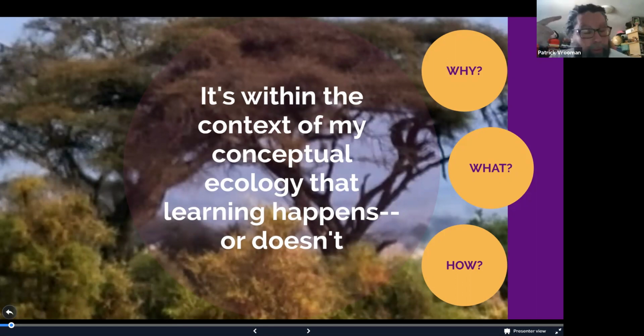We learn or don't learn because of those critters. We get new information presented to us, and because of what that new information runs into when it comes into our head, we either learn it or don't learn it. So it's really important that we pay attention to those critters that are running around in our conceptual ecology.